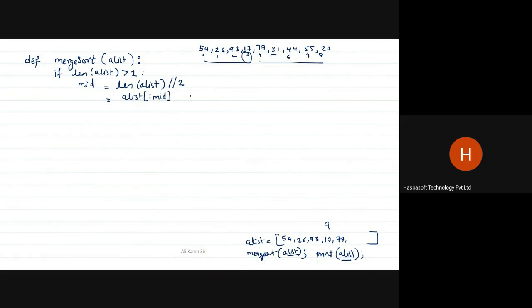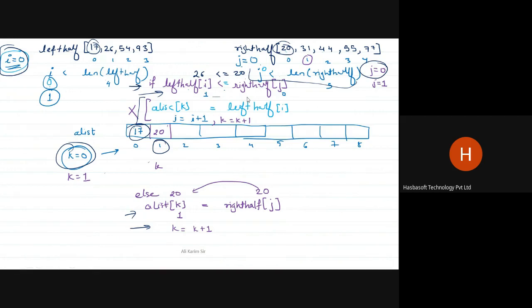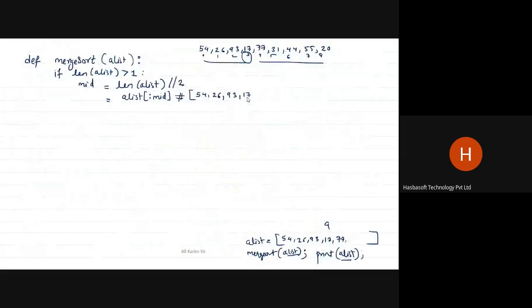This will hold my left half of the array: 54, 26, 93, and 17. So this will become my left half array.